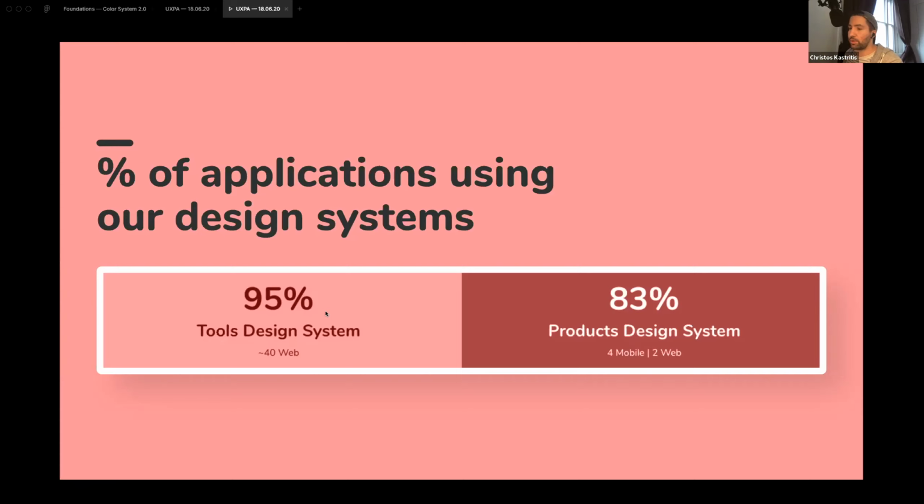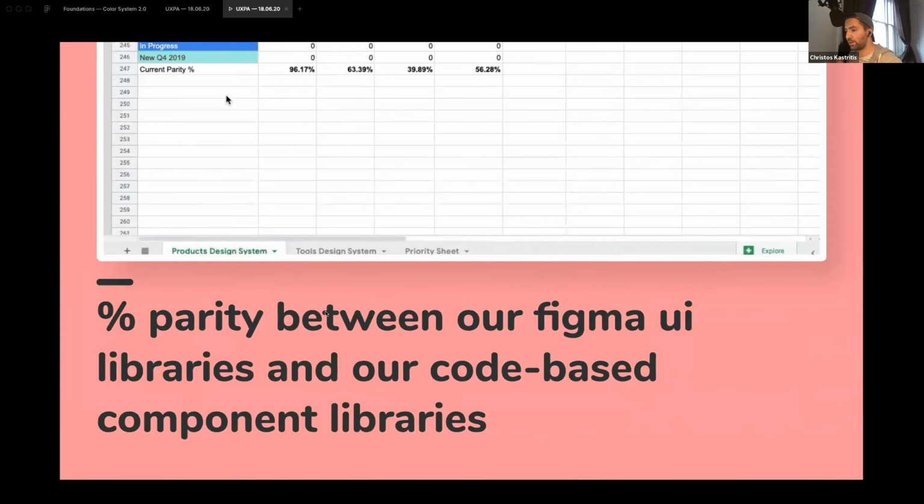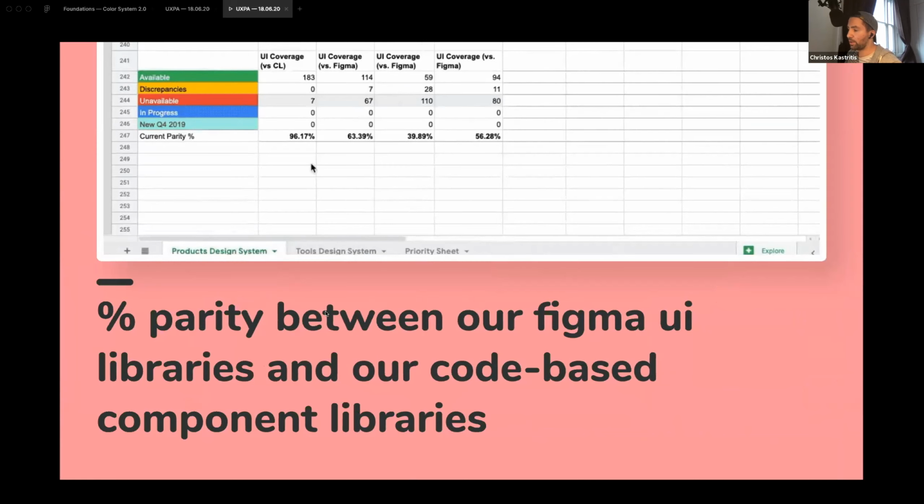And what we did was we bundled the component library, or the design system, whatever you want to call it, into that application. So that definitely helped a lot in terms of adoption and not having someone go off using some crazy bootstrap. We can also look at the percentage parity between our Figma toolkits and our code-based component libraries.